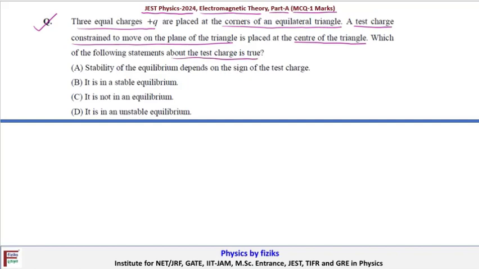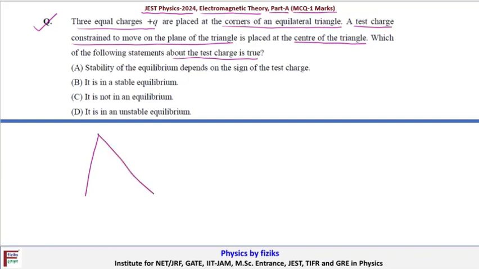So we have to see the equilibrium. Stability of the equilibrium depends on which condition? It is given that we have an equilateral triangle. So let's consider an equilateral triangle.